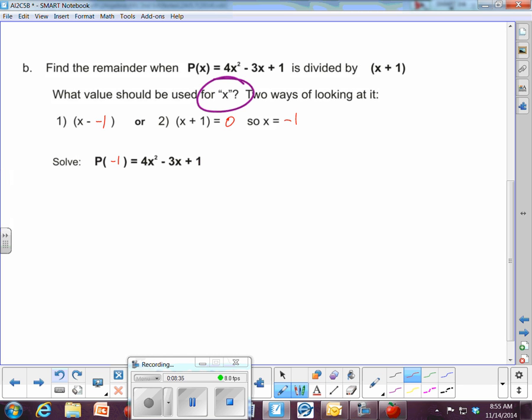What is the remainder to this thing? Don't pay attention to what I'm doing. I'm doing the proof again.